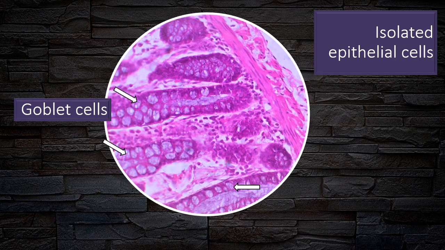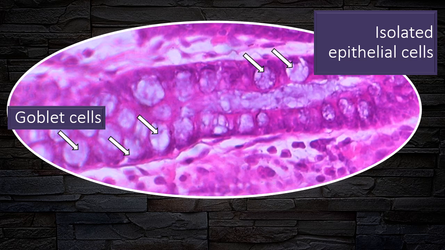Next, there are certain cells which do not form sheets or any other pattern, but they are just isolated cells. We call them unicellular glands or single cells. The goblet cells are very good examples of this type. They are found in the intestine: small intestine as one example, large intestine as a second example.